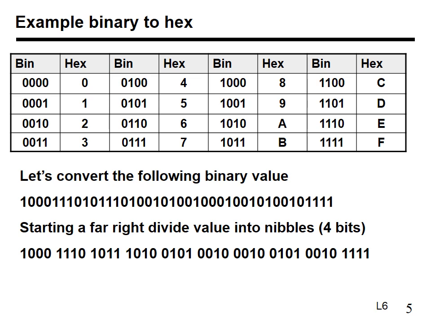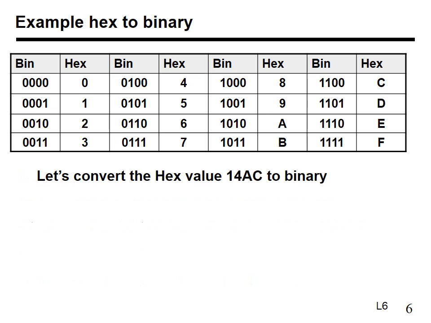So for instance, 1000, we look on our chart, this is an 8. 1110, this is an E. 1011, this is the B. So this is a very, very simple, trivial exercise. So this long, ugly looking binary number can be represented by this much shorter hex number, 8EBA52252F. It's still fairly long, but it's much easier to deal with than that long string of binary numbers.